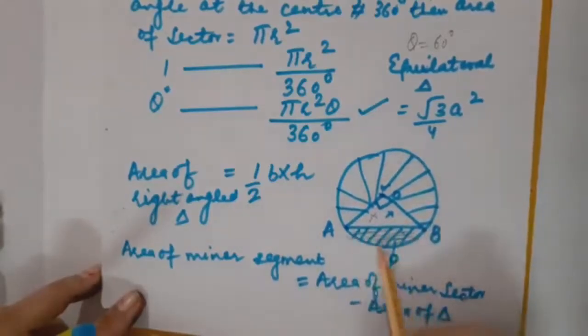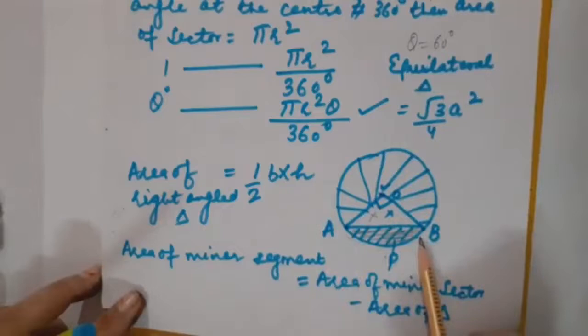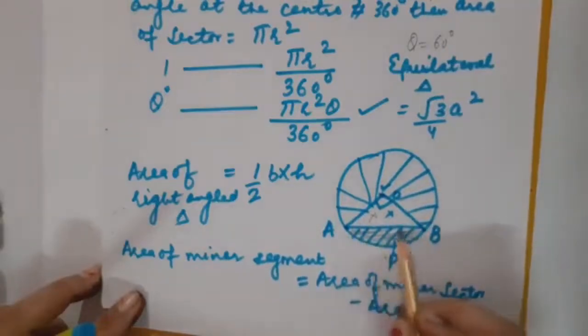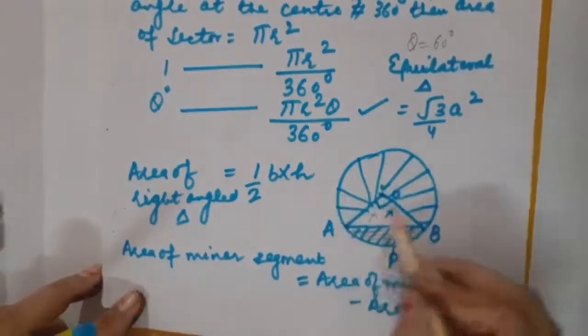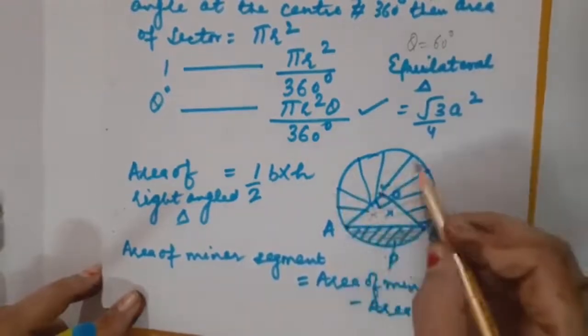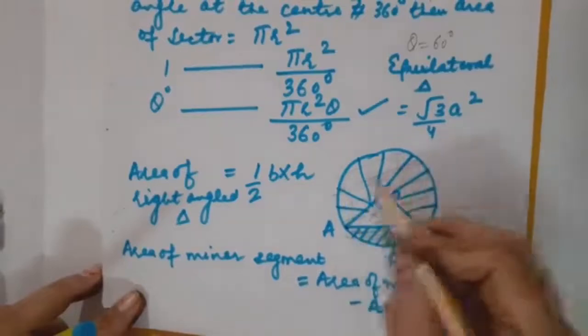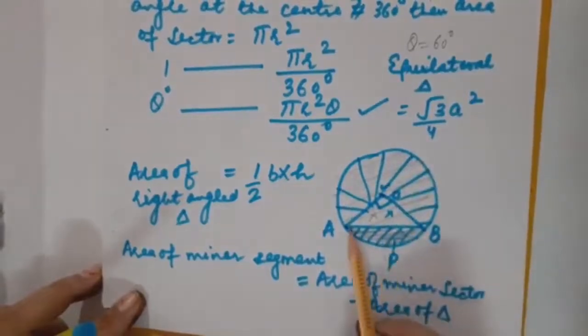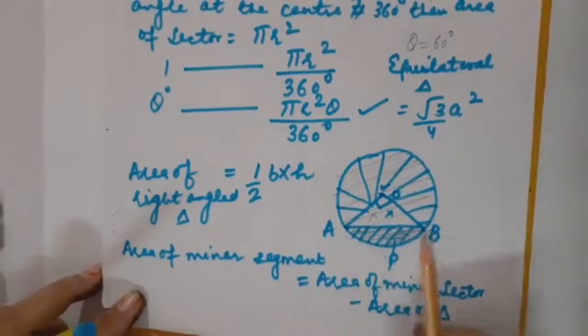You will get the area of the minor segment, which I am going to shade right now. Correct? So I have got this minor segment area. Now I have to calculate the area of the complete circle using pi r square. Then I am going to subtract the area of the minor segment to know the area of this complete major segment. Because a segment is nothing but the region which is bounded by the chord and the arc. This is the chord and this is the major arc.